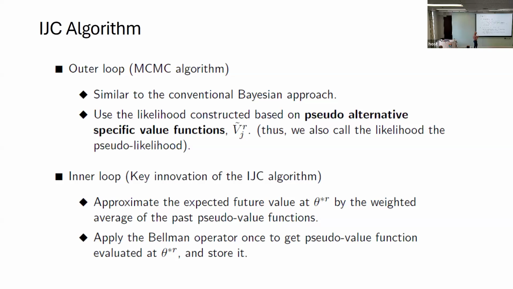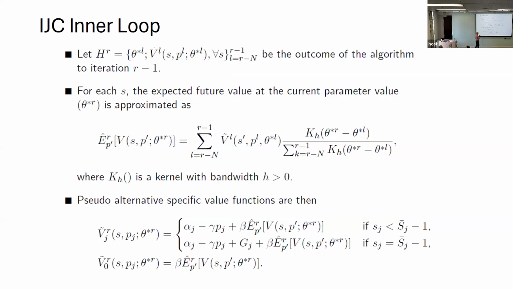Every time you get to a particular parameter vector that you try to evaluate, you just reiterate the Bellman equation a couple of times to improve the precision of the approximation.